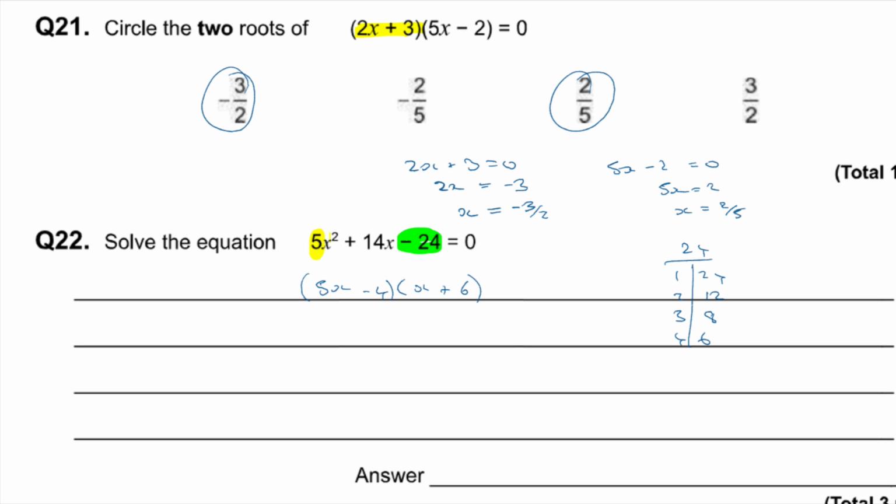If I put the 4 here and the 6 here, that's going to give me 5 times 4 is 20, minus 6 times 1 is minus 6, which gives 14. That will work. So it's that combination. It took me a time to find that one, but that's kind of how you have to do it. You have to just try different pairs in different positions until you find the pair that works. Quite tricky, that one. (5x minus 6)(x plus 4).